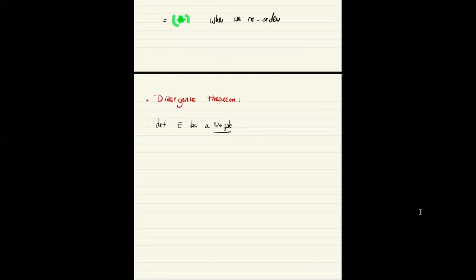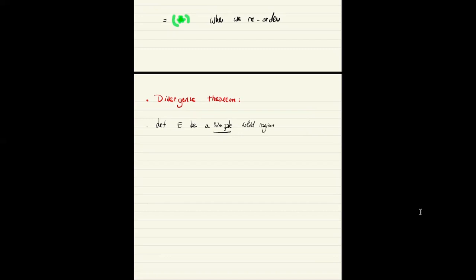Remember what a type 1, 2, 3 is? It means that you see it as between some function of two variables and another one. Go back and see what a type 1, 2, 3 is, right? Anyway, I'm going to recall what it means when I give you the proof of it. Let E be a simple, solid region, right?